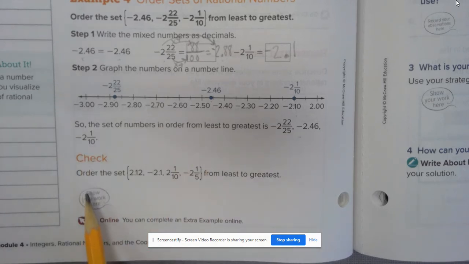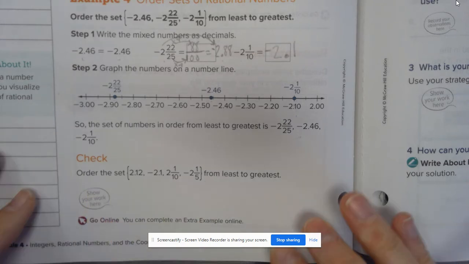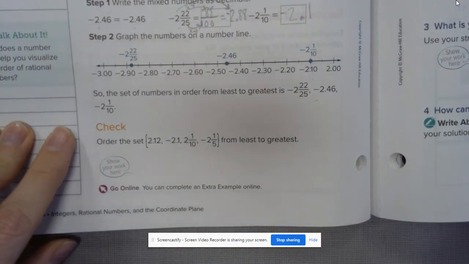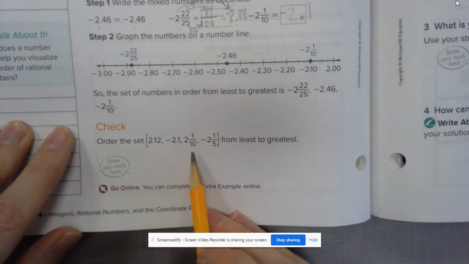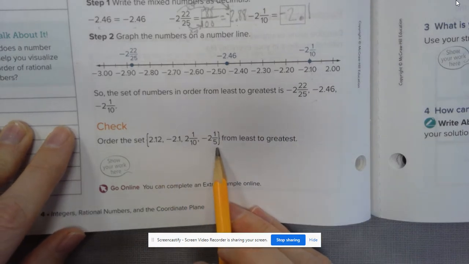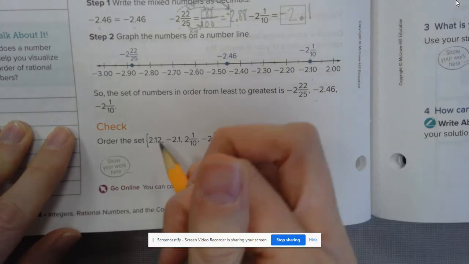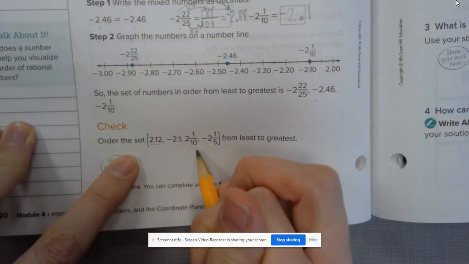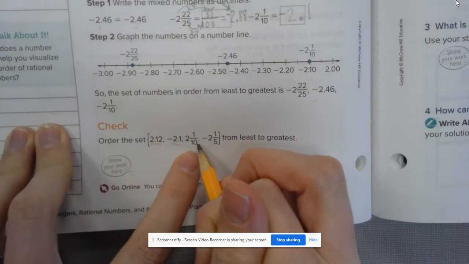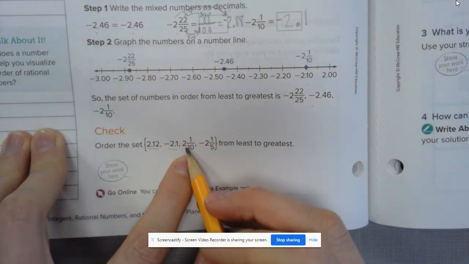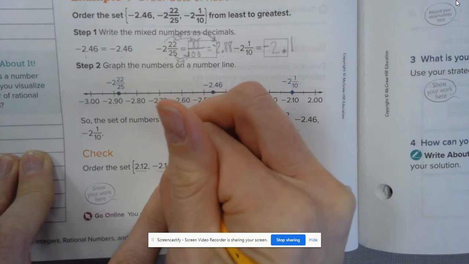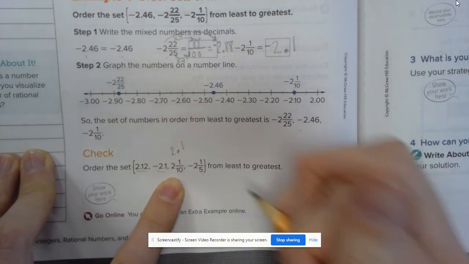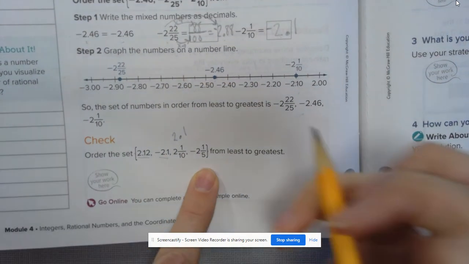Now it says order them from least to greatest. This one's already done for us. So was that one. This one we just did, 2 and 1/10. This one was a negative 2 and 1/10, but we know if we just take away the negative sign, we still will get 2 and 1/10. And this last one, we have 1/5.